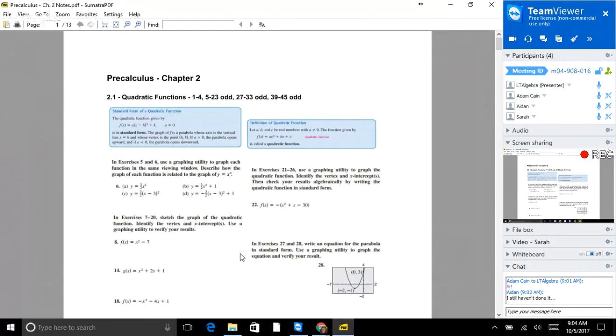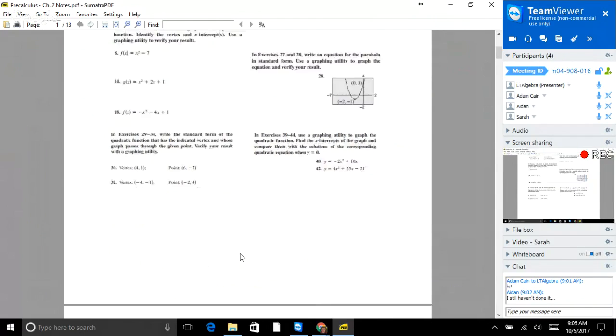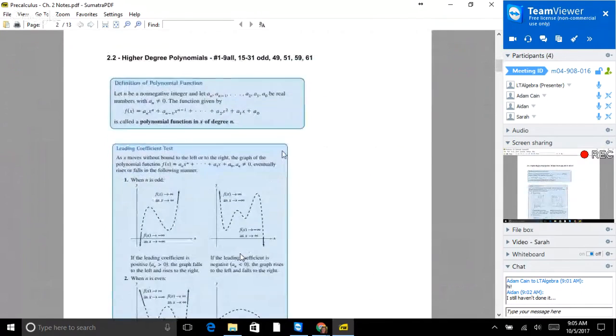If we just want a quick review of Monday. On Monday, 2-1, we talked about quadratic functions and all about graphing them and the standard form of quadratic equations, and all the different things that we can do with quadratic equations. Then we moved on to 2-2, where we expanded our scope to include polynomials.